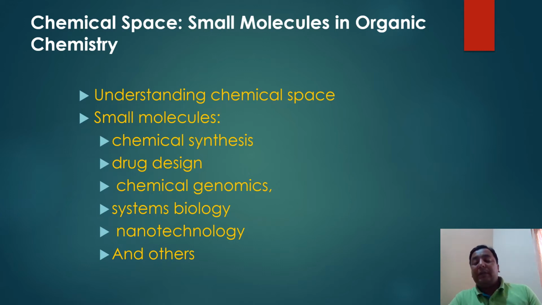We need to understand those compounds and the chemical space in terms of their chemical synthesis, drug design methodology and drug design approaches, and of course we have discussed many approaches in terms of in silico analysis, like docking studies, QSAR studies, ligand-based drug design approaches and structure-based drug design approaches. All these things we have discussed to identify lead molecules, potential molecules which have the ability to become a drug.